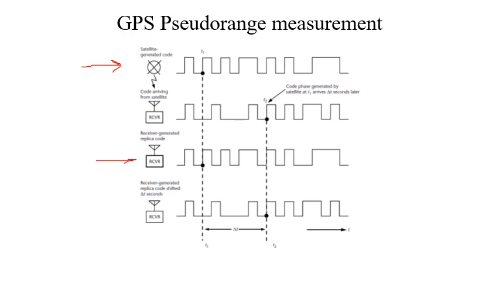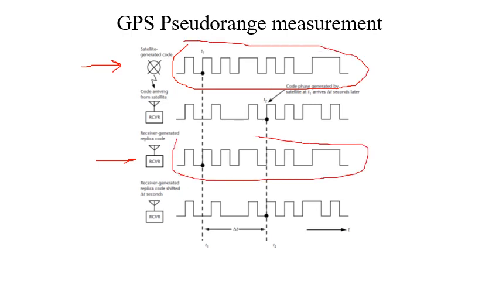So the satellites generate this signal and send it to the receiver, and the receiver also has a replica of this signal. As you can see, the structure at the satellite and the structure at the receiver is the same.